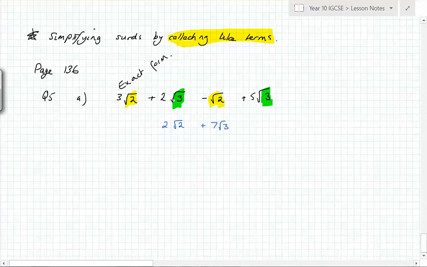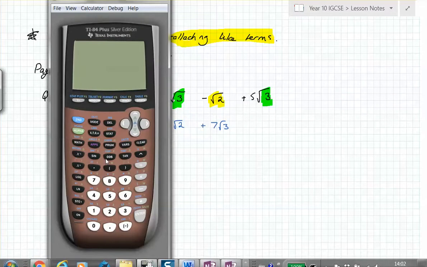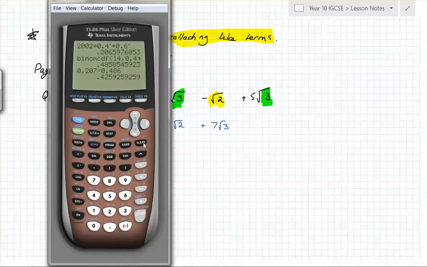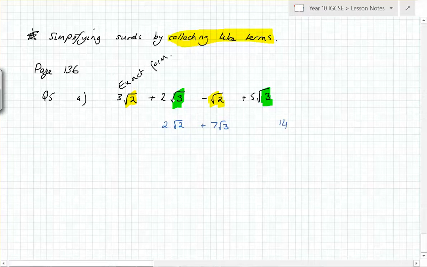I could turn that into a number. Do you know how I would turn that into a number? I'd get the calculator out. I could do 2 root 2's plus 7 root 3's, and the answer would be 14.953, but I've rounded it to 3 decimal places.